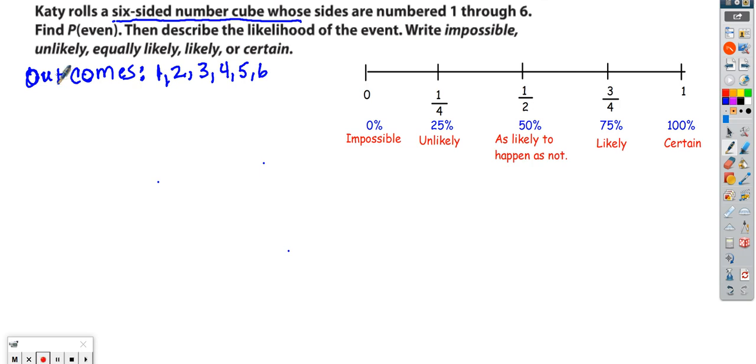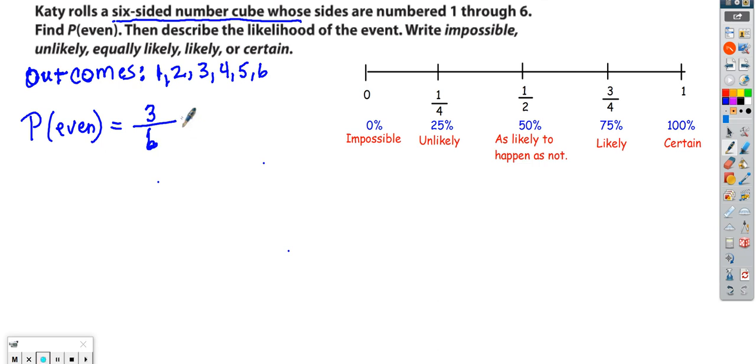If I want to find the probability of rolling an even number, then I look at how many numbers are even. I have 2, 4, and 6. Those are the things I want to have happen. And how many total outcomes? There are 6. So favorable over total.